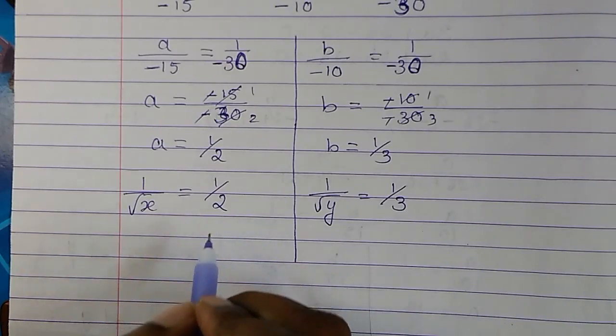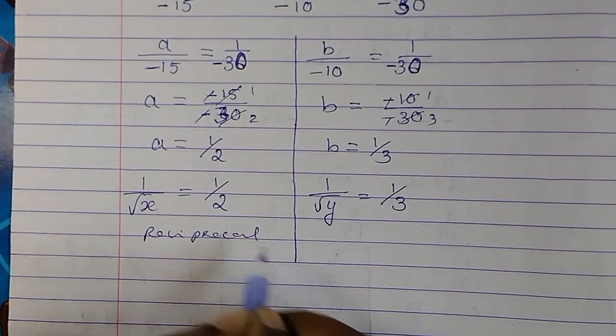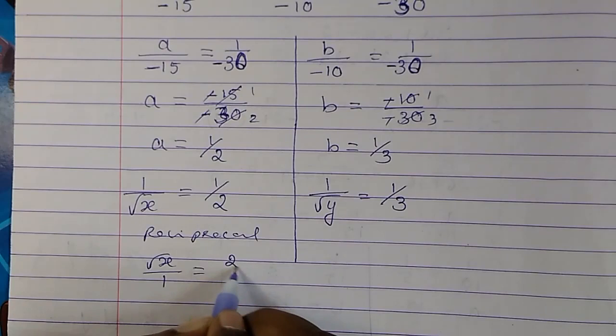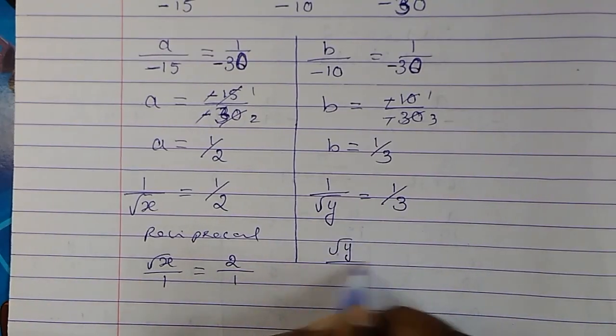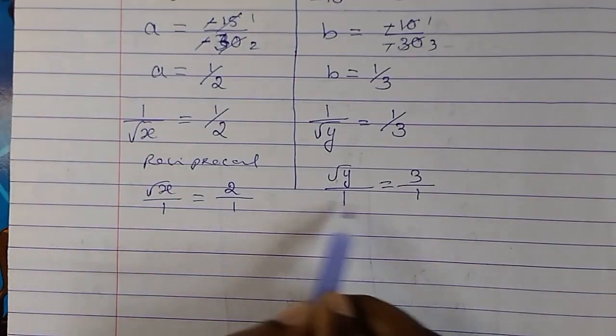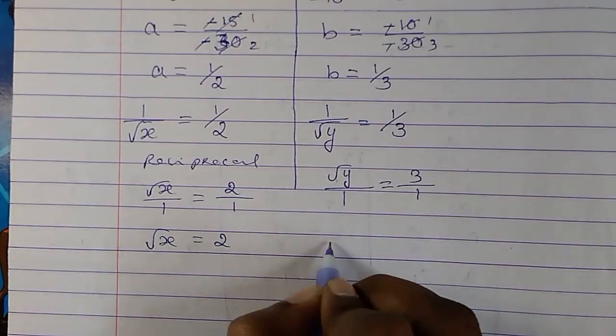So let's write the reciprocal of this. When we write the reciprocal, root x will come up, 1 will come down, 2 will go down, 1 will come down. So here also root y will come up, 3 will come up, 1 will come down. So now this denominator 1 has no value, so we can write root x equal to 2 and root y equal to 3.